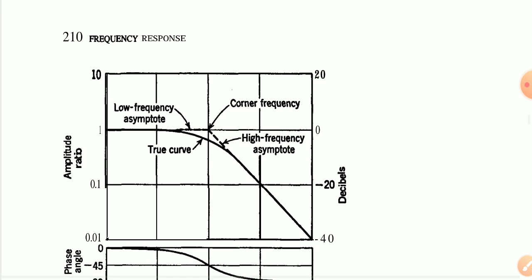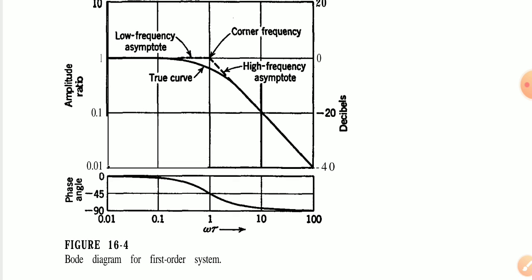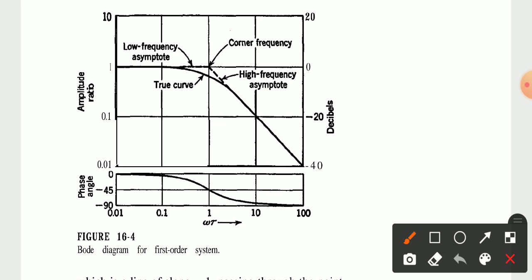Now this is shown graphically in the Bode diagram for a first order system, with the low frequency asymptote, the high frequency asymptote, the corner frequency, and the true curve.